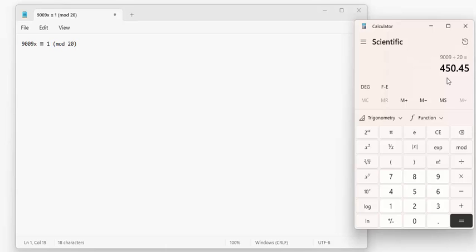We don't want this. What we want is actually what the 0.45 indicates. So we don't want 450. What we do is we minus 450. We get 0.45. Multiply back with the one that we divided just now, which is 20. We get 9. So 9 is the remainder.